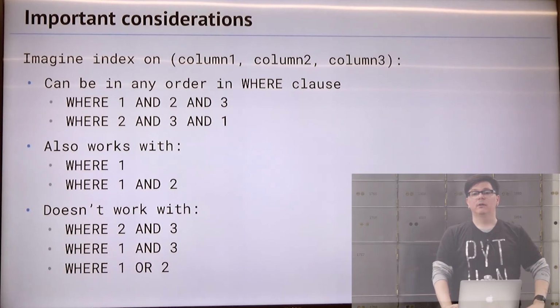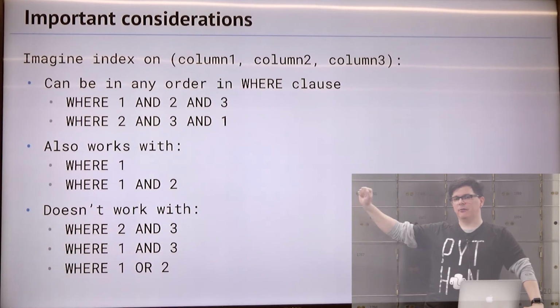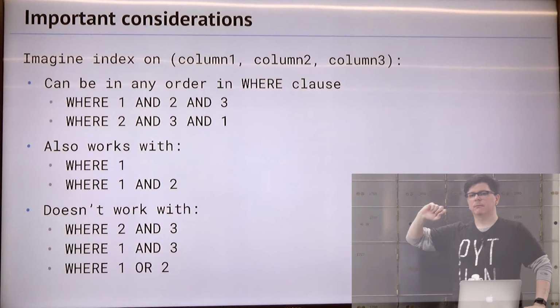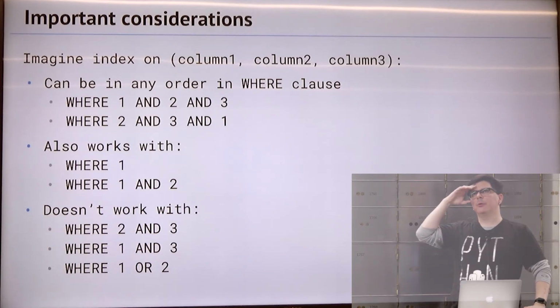Yes, question? Isn't it just going to use one of the indices to select the records and then filter the rest just as it goes? In which particular case? Where you're doing several selections. Right, so it'll depend.